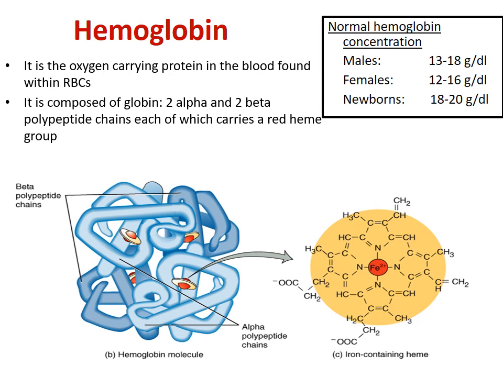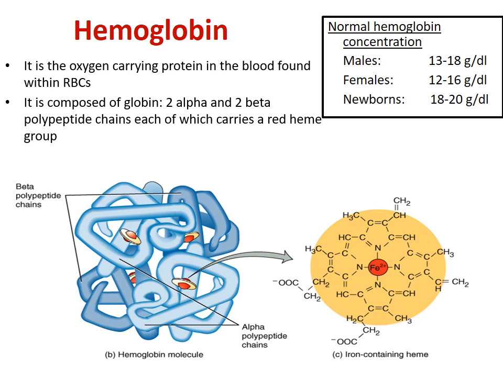In the case of females and males, if you compare, in males the red blood cells are higher. That is why the hemoglobin concentration in males is also higher. It is 13 to 18 compared to females, which is 12 to 16. And hemoglobin consists of 2 alpha chains and 2 beta chains.